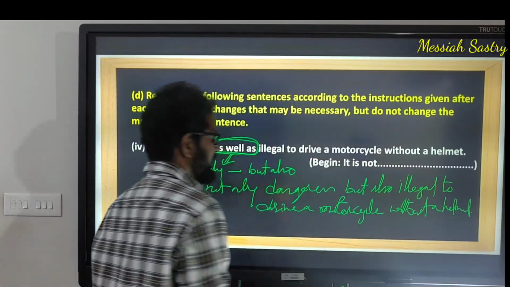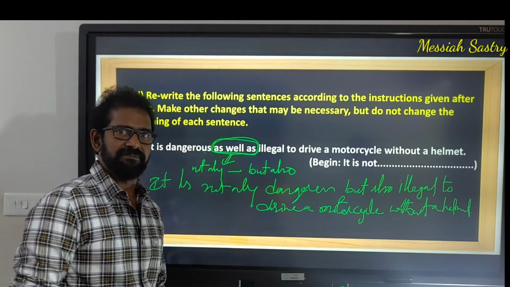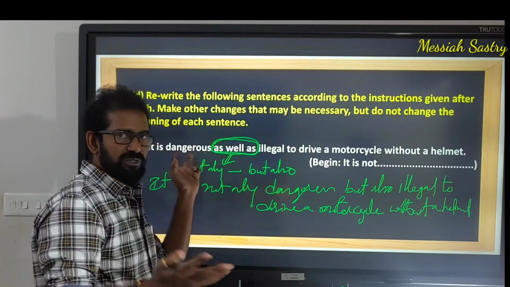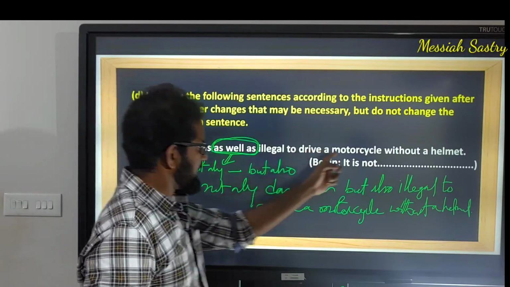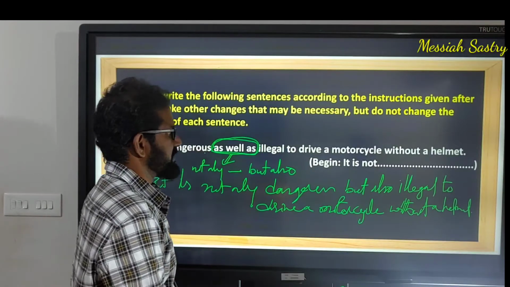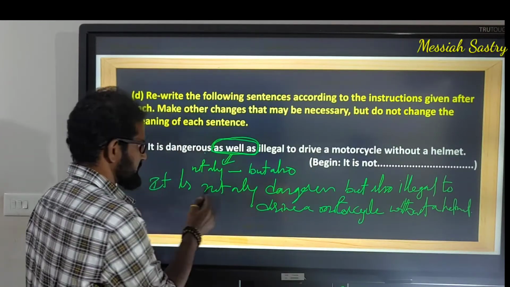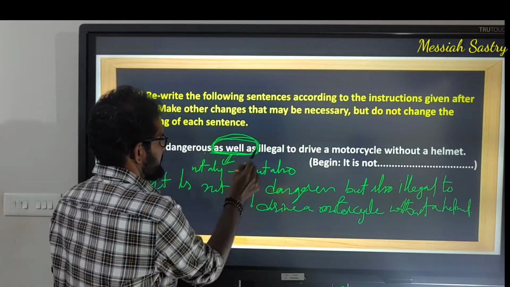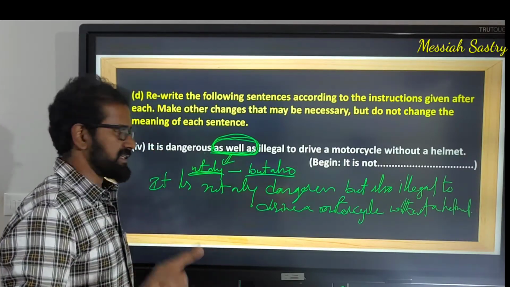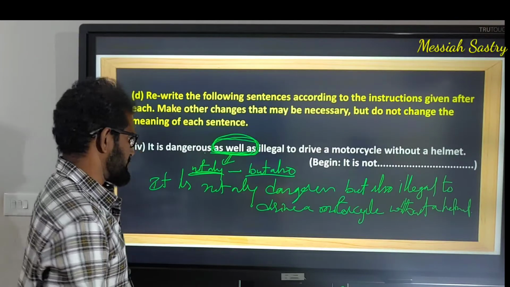If you drive without a helmet, it is of course dangerous, and it is illegal, which means you will be fined 1000 rupees. So when you just see as well as, we use the correlative conjunction not only but also.